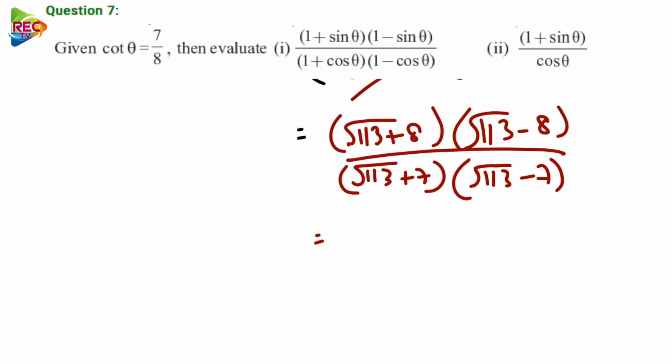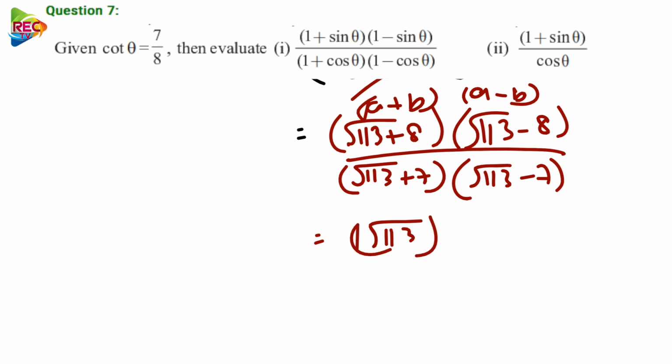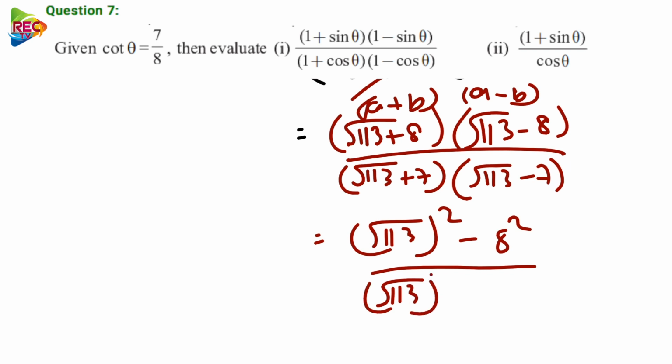So a plus b into a minus b, that is a square minus b square: square root of 113 whole square minus 8 square by square root of 113 whole square minus 7 square.